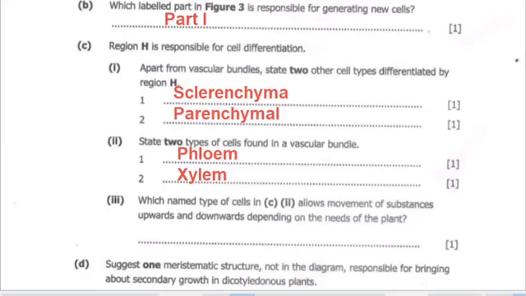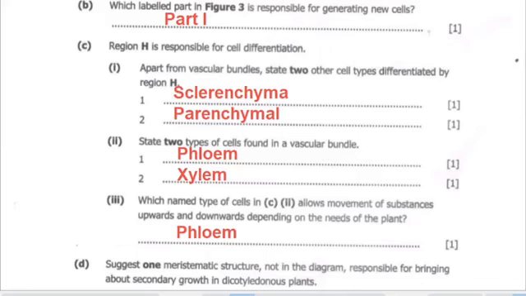Which named type of cell in C2 allows movement of substances upwards and downwards depending on the needs of the plant? So here in C2 we have said we have phloem and xylem. The cell that will allow movement of substances upwards and downwards depending on the needs of the plant is the phloem cell. So that is our answer.